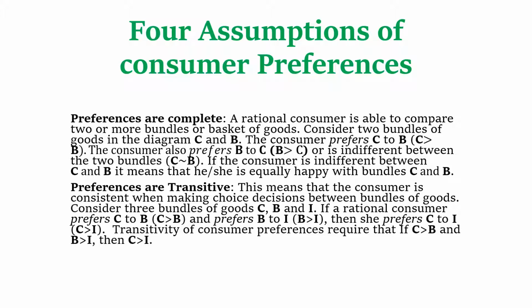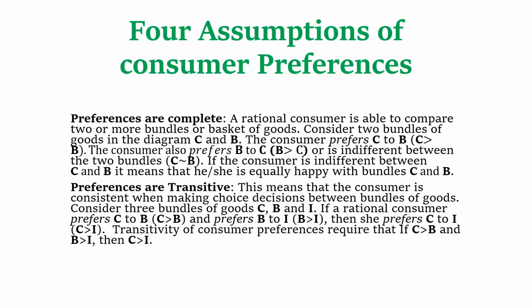If the consumer is indifferent between C and B, it means that he or she is equally happy with bundle C and B. So if I am indifferent between those two bundles of goods, it means if I have B, I am happy, and if I have C, I'm also happy. So I'm equally happy if I have any of those two bundles, regardless of which type of bundle that I get.